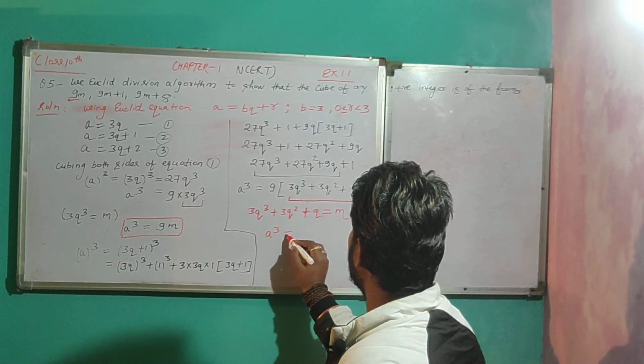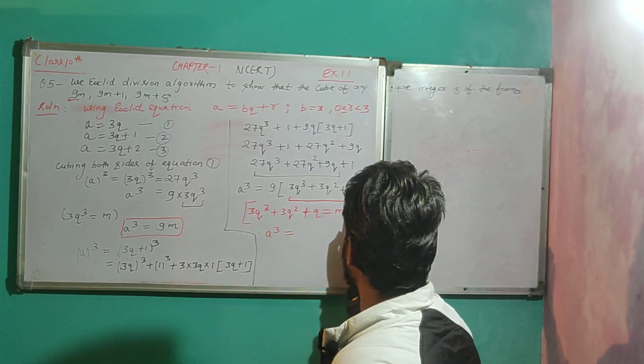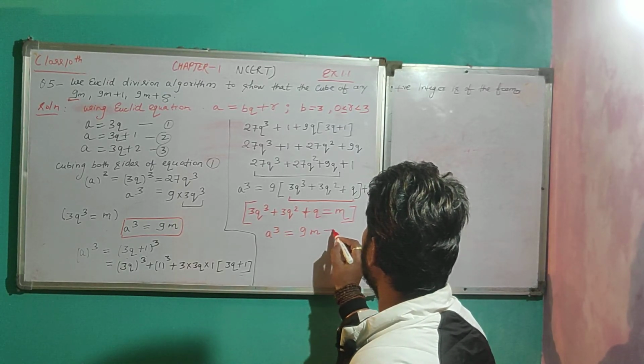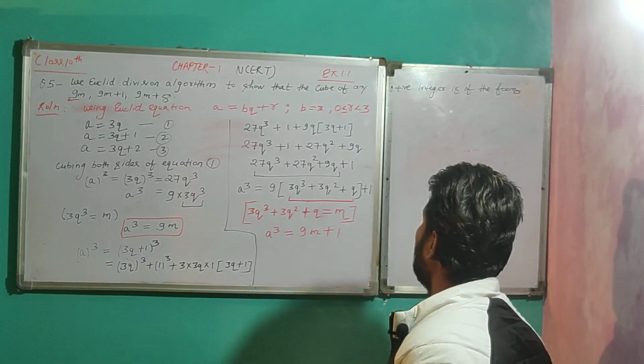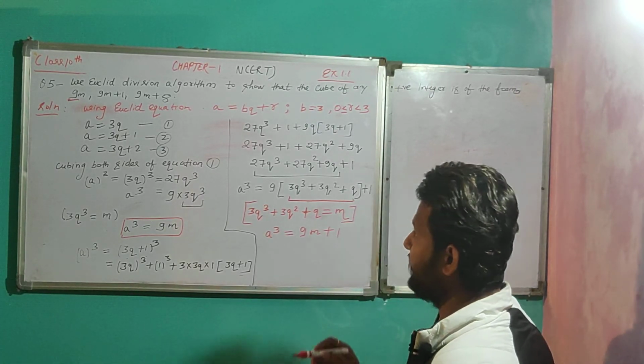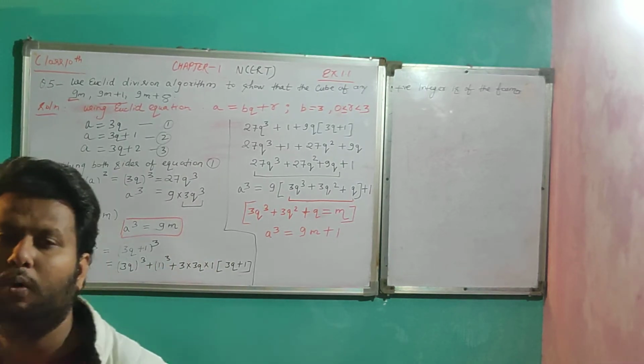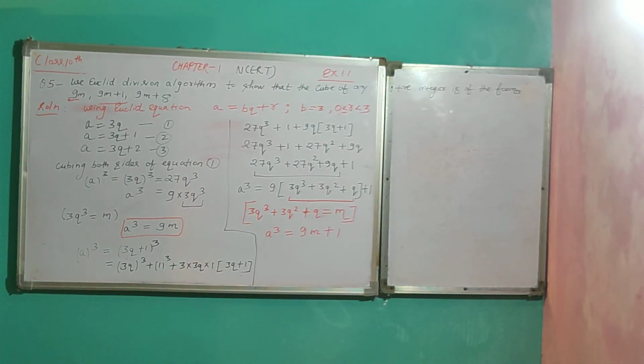Therefore, a cube is equal to 9m plus 1. The second one is also proved, 9m plus 1. Now, coming back to the third part. The third part is 9m plus 8.